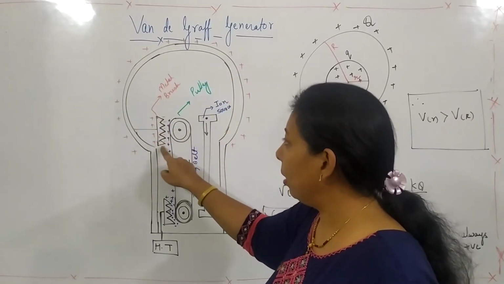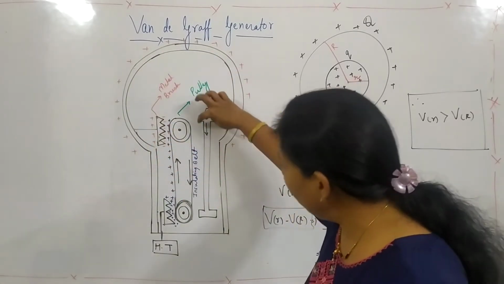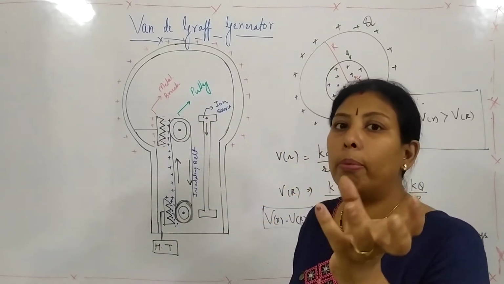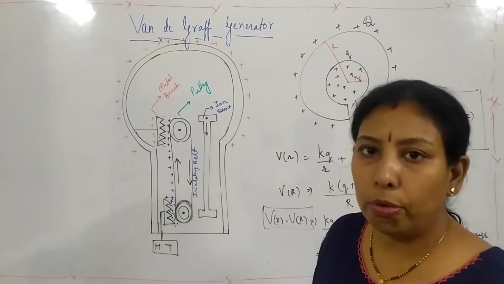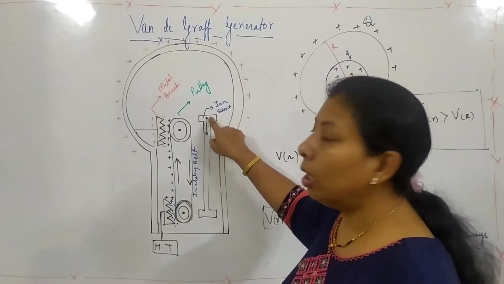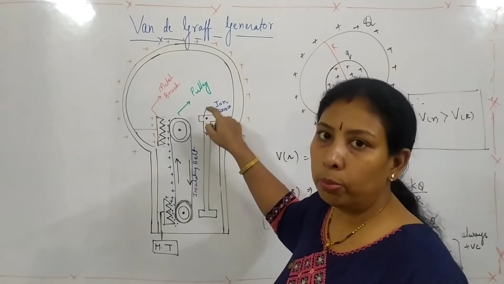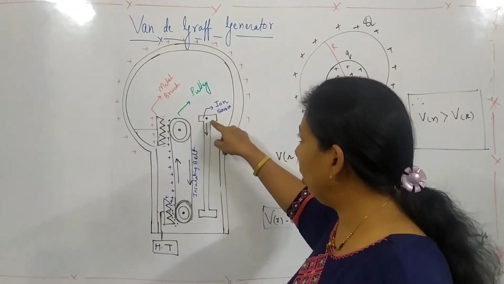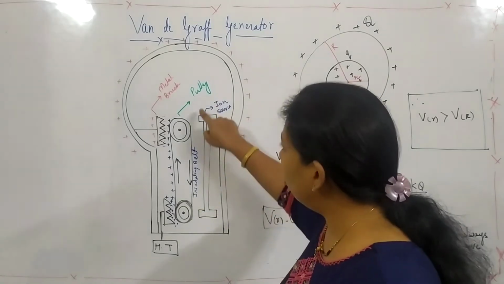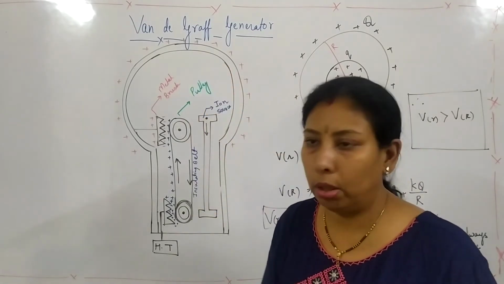We have one stand here, as I told you, that we use it for the bombardment of ions or implanting of ions. So we can accelerate this particular ion or charged particle with high potential. So this is the ion source, and it is the usage of Van de Graaff generator.